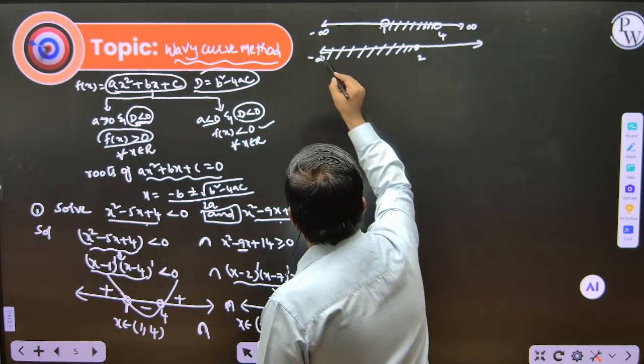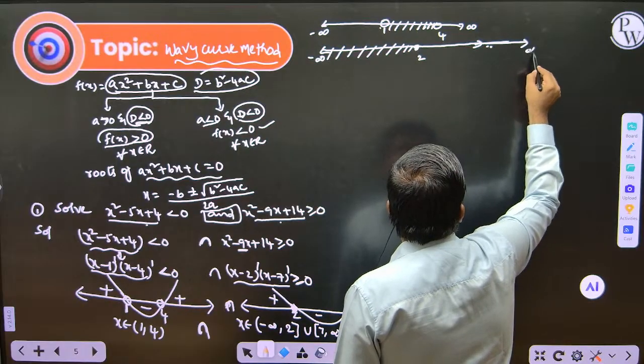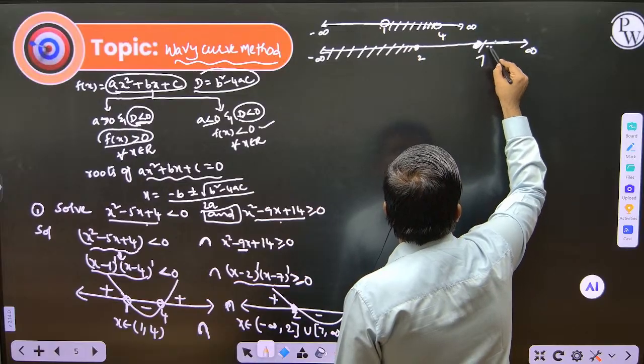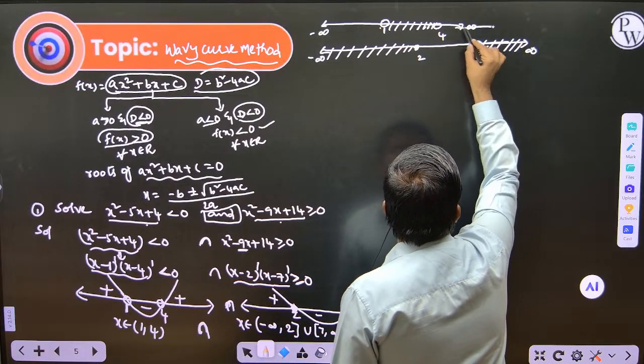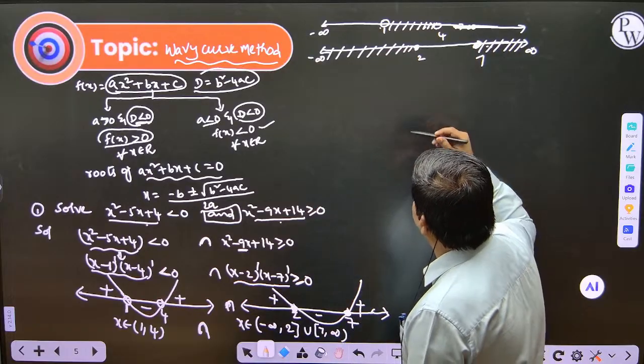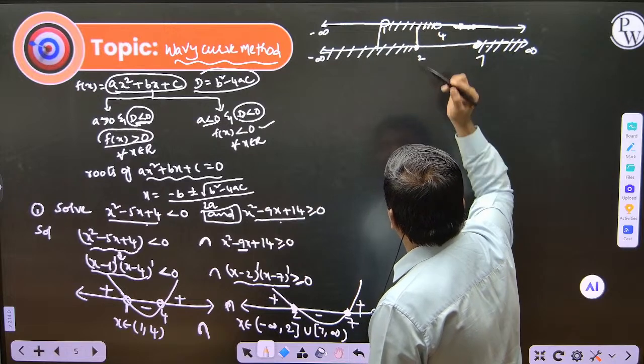Here also minus infinite to plus infinite. The next one is what? This is a 7 to infinite. Infinite extension. Now what is the commonality you see here? This is only your commonality, or not.